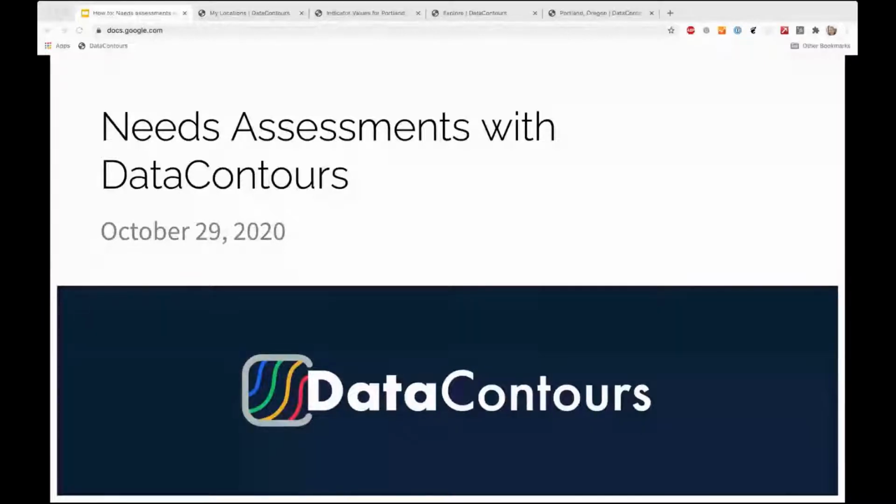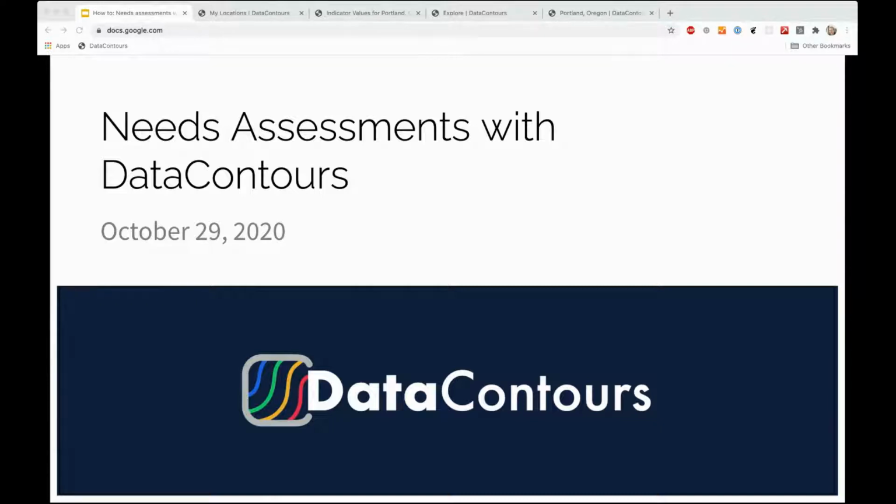So today we're going to talk about needs assessments and how you can use DataContours to help with your next needs assessment. We'll talk specifically about an analysis framework and an approach for doing a needs assessment, but obviously there are a lot of different use cases within that.